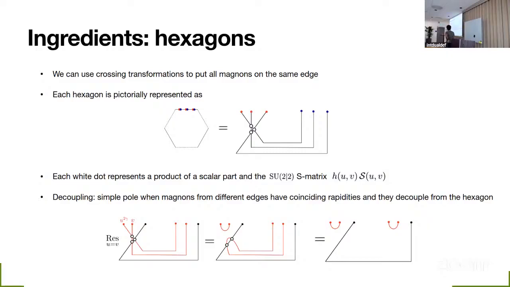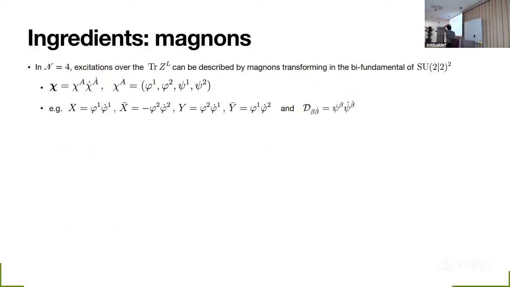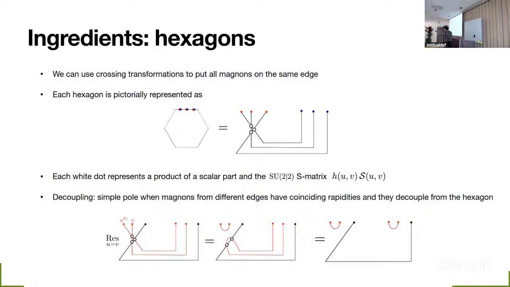these hexagons have a property that if you have a hexagon with rapidities on two virtual... Okay, so if you have a hexagon which had a magnon in this seam and one magnon here, you have a pole when the rapidities coincide, and the residue of this pole is proportional to the hexagon without those magnons.